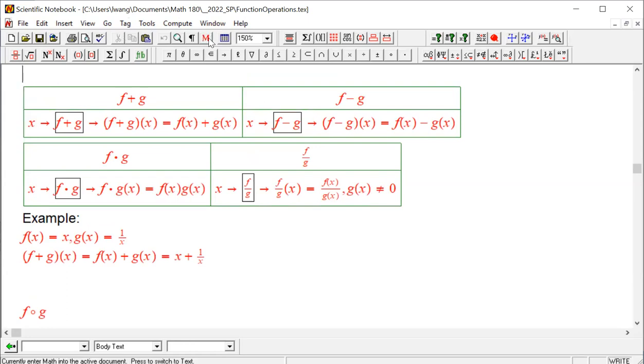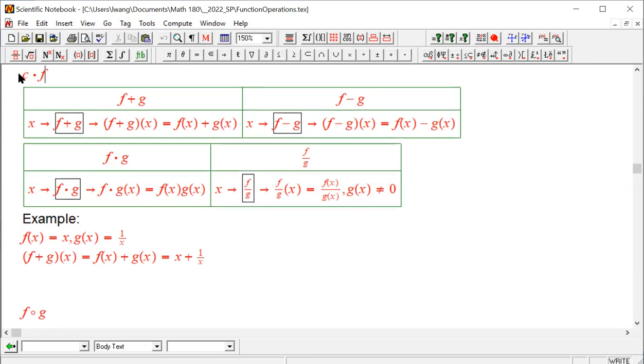If you multiply a function by a constant, say c times f, that makes a new rule as well. So c times f is defined as the constant multiplied by f of x.